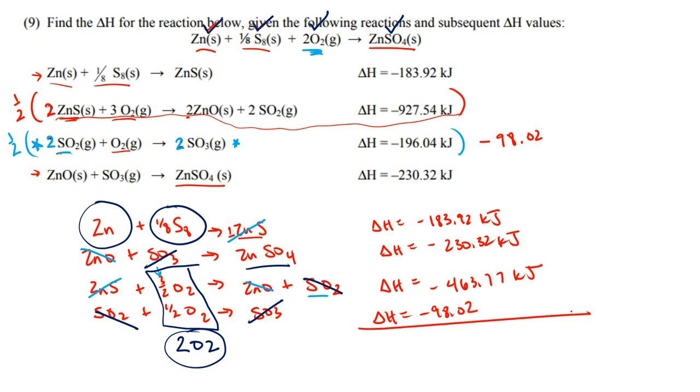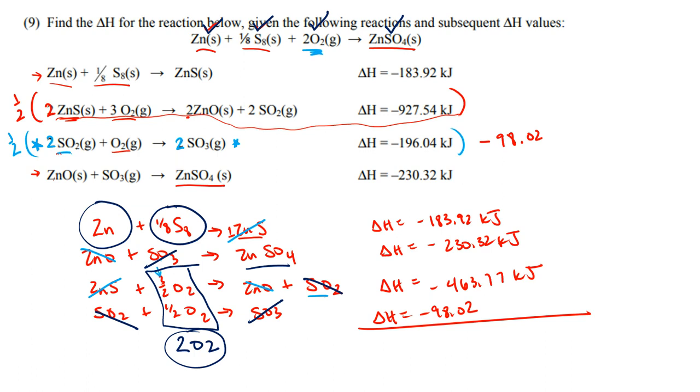So now we add all of these many pieces together. We've got negative 183.92 plus negative 927.54. No, not 9. Sorry. Wait. We chop that in half. Negative 183.92.